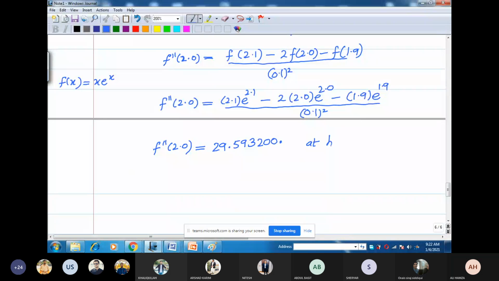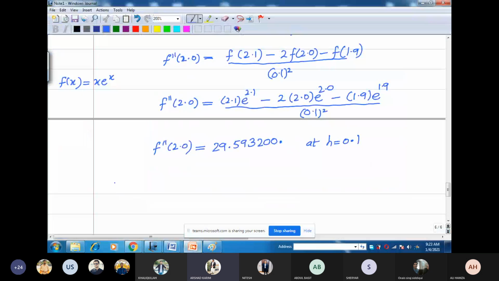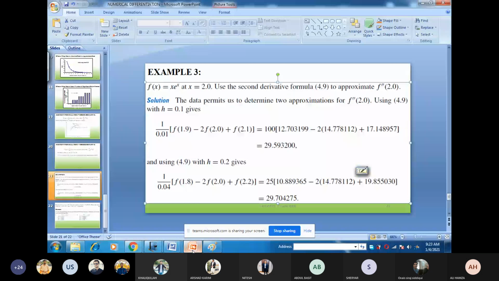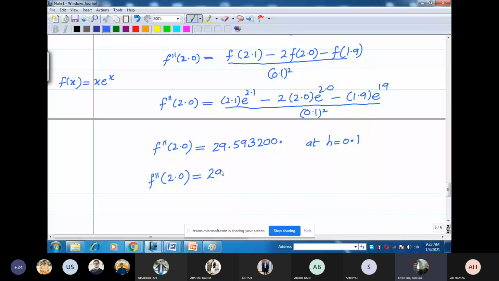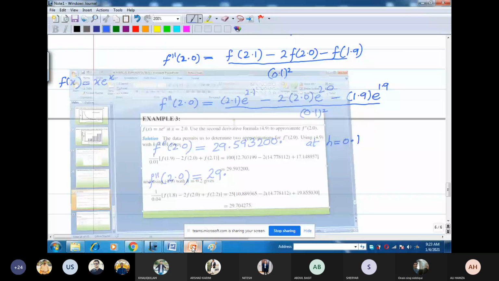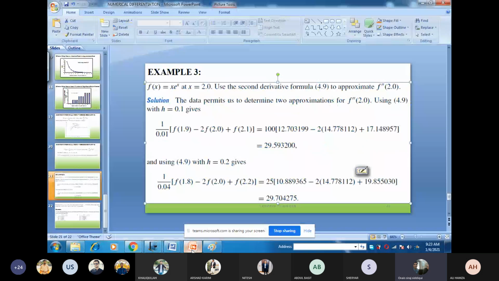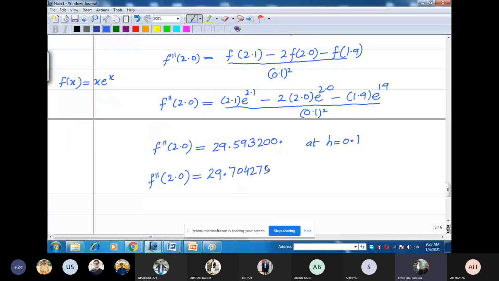At step size 0.1. And similarly, if the step size is 0.2, that would be 29.704275, at h equal to 0.2.